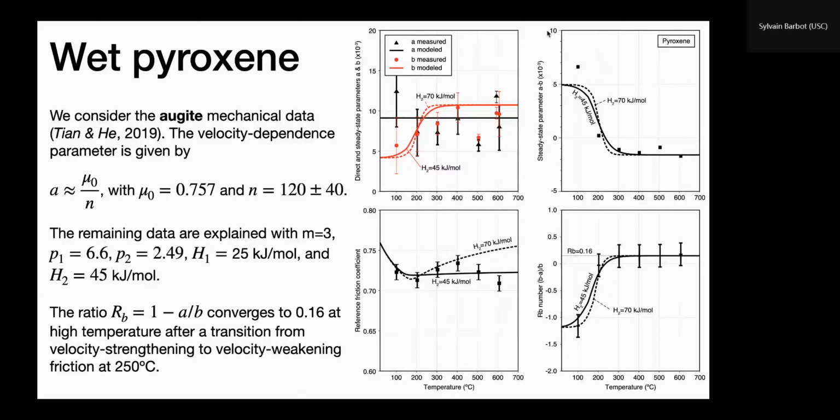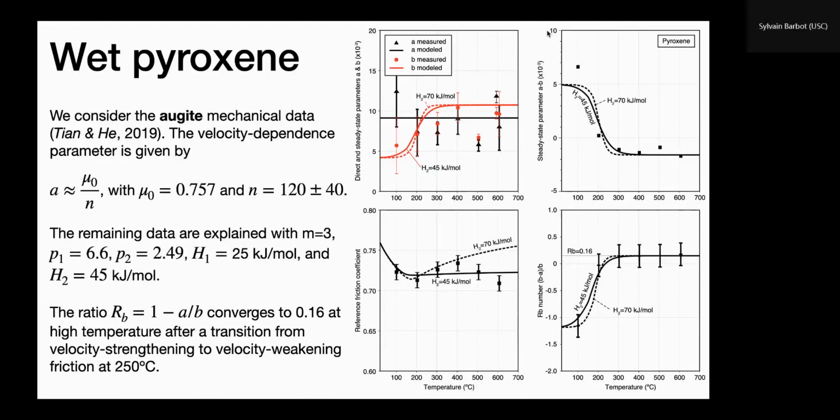So we can, in this case, say A can be explained by a power exponent of 120 plus or minus 40. It's essentially very large. And B, the model predicts that B is a function of A, and that's predicted by many models. It's also observed in the laboratory that A and B covary. And so we can explain B, A minus B, and A over B with two mechanisms with different activation energies.